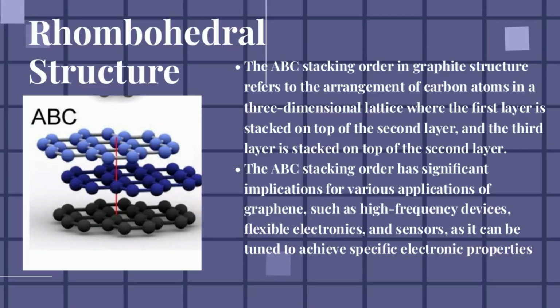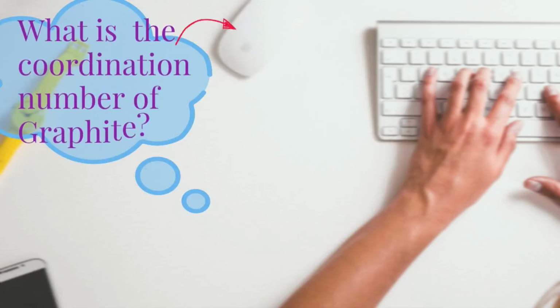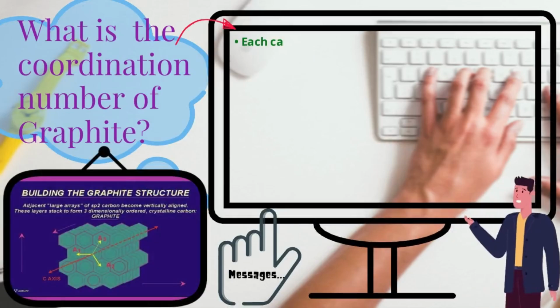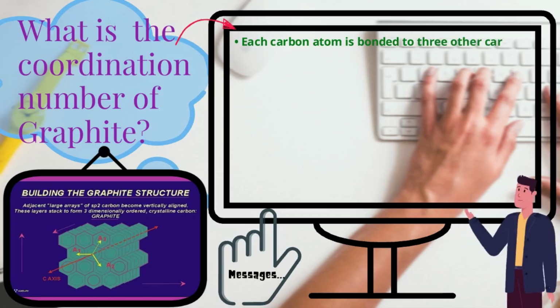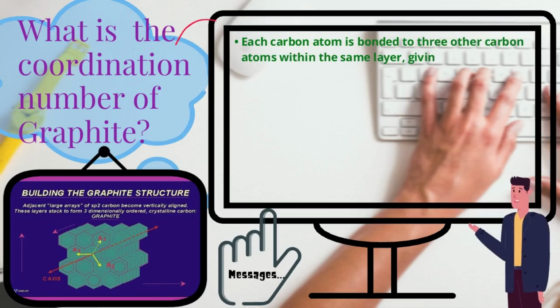Moreover, I will explain about coordination number of graphite. In crystallography, the coordination number of an atom is the number of the nearest neighbors it has.